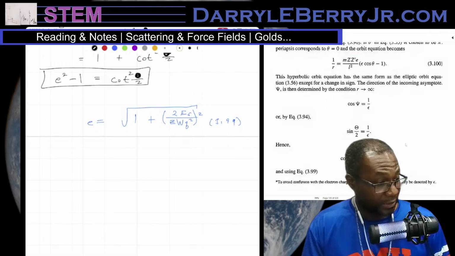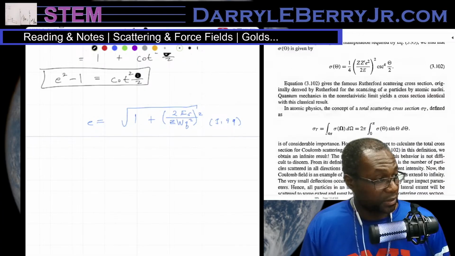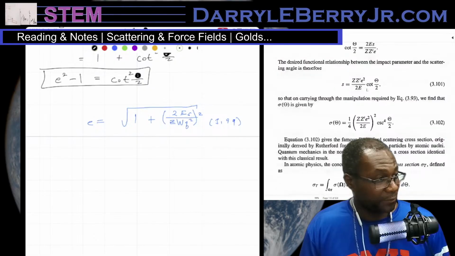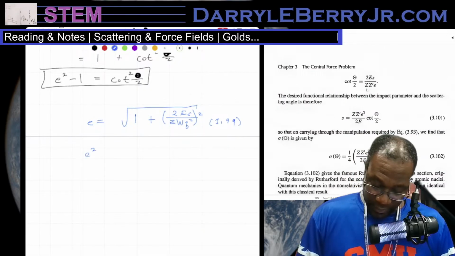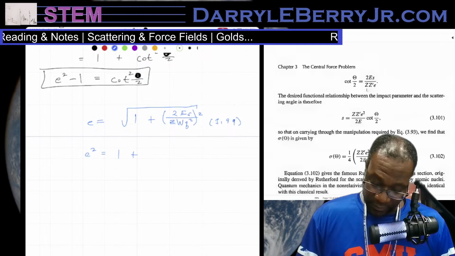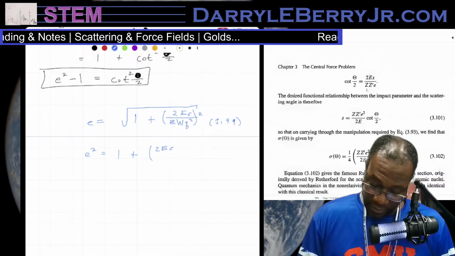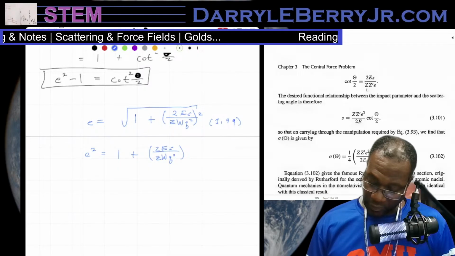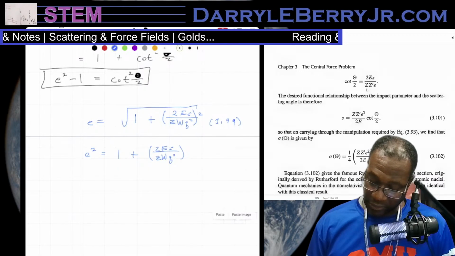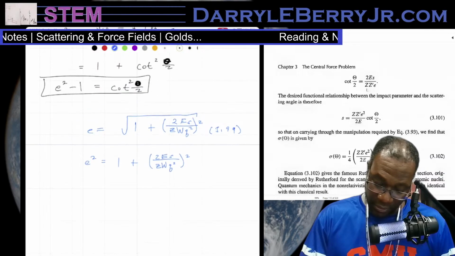All right. So now we're going to plug that into the epsilon squared and see if we get the same thing they got, and then I'll go ahead and call it. So E squared equals 1 plus 2ES over ZW Q squared, where they use Z prime, I use W, and where they use E squared, I use Q squared, all squared.